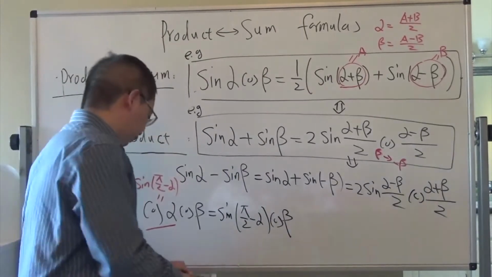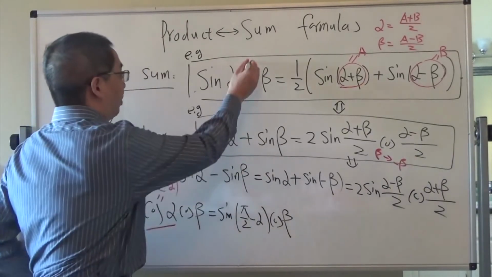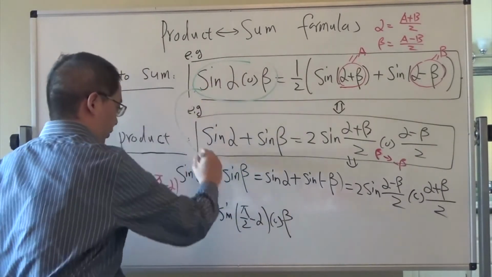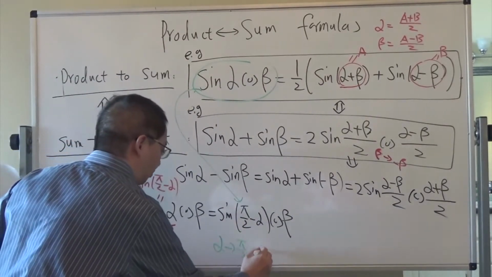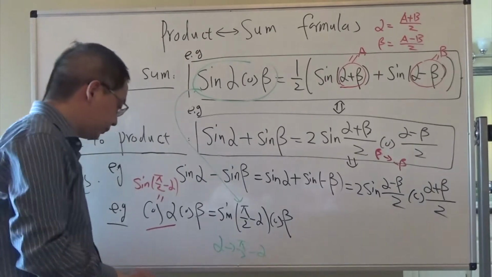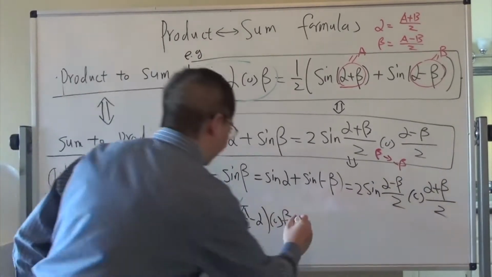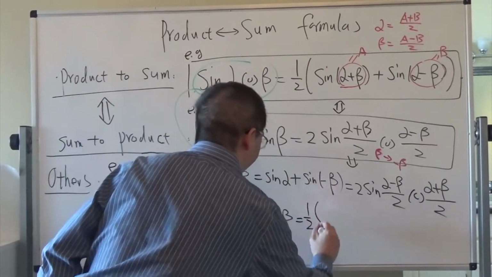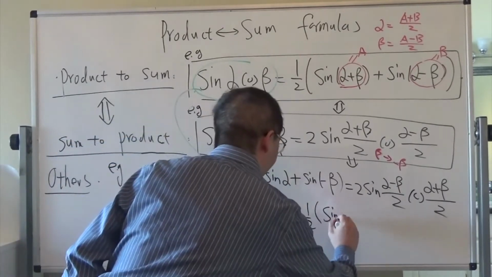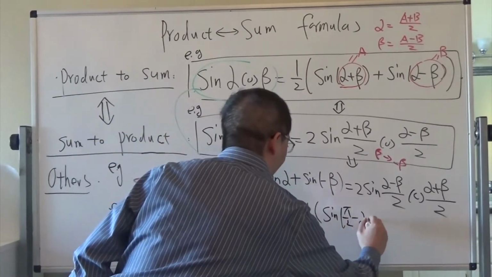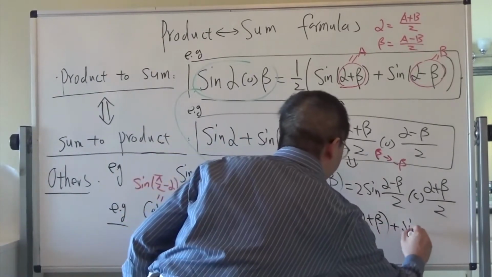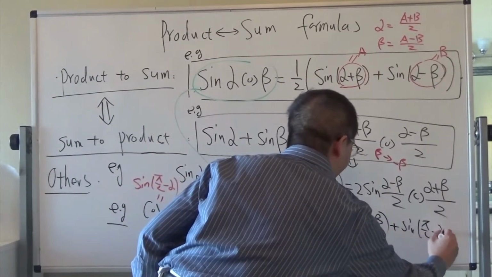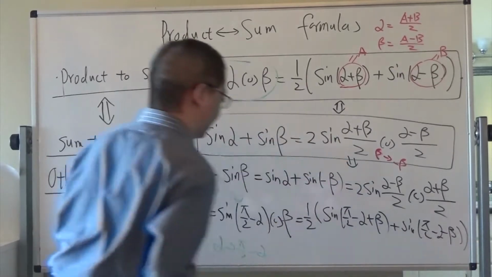Now we just apply the formula, changing alpha to pi over 2 minus alpha, and we get 1/2 times sine(pi over 2 minus alpha plus beta), and then the other one is sine(pi over 2 minus alpha minus beta).